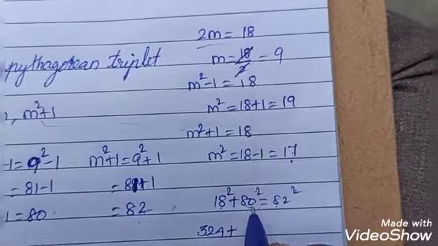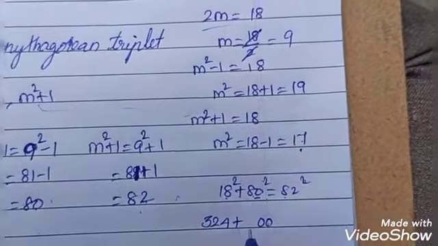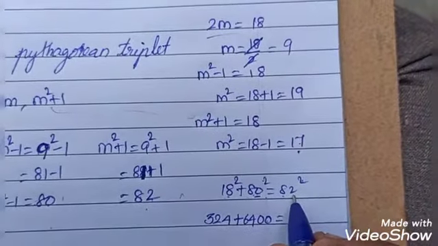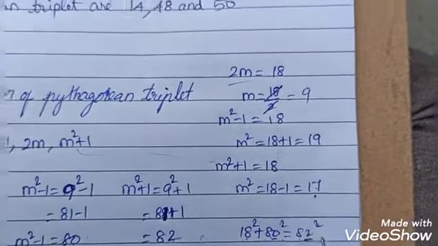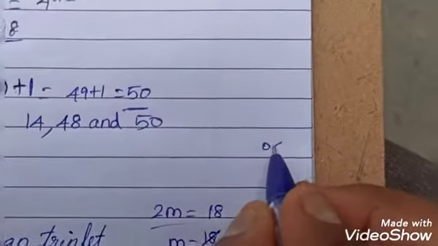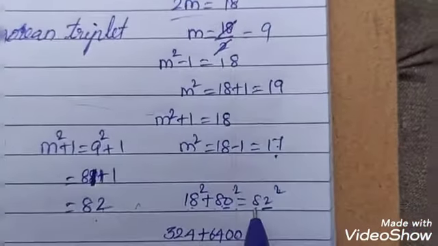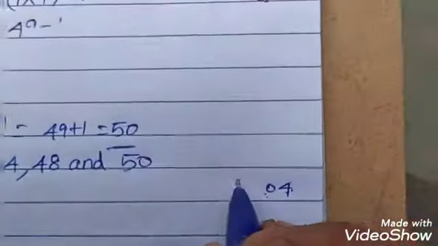Plus, in the shortcut way, 80 has a 0, so you take 8 squared. 8 8s are 64. In the shortcut way, as I already told, you square the unit digit. 2 square becomes 4, and you write it as a double-digit value, 04. Then you square the tens place: 8 8s are 64.